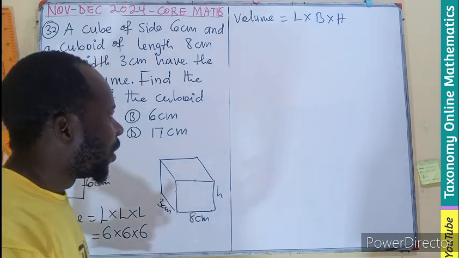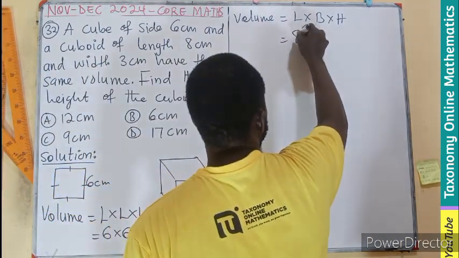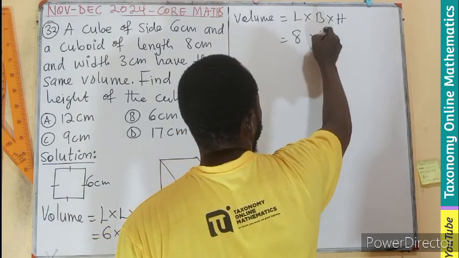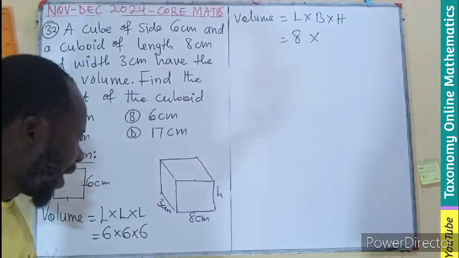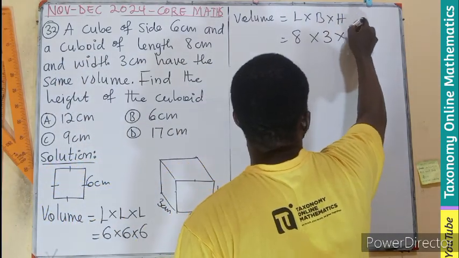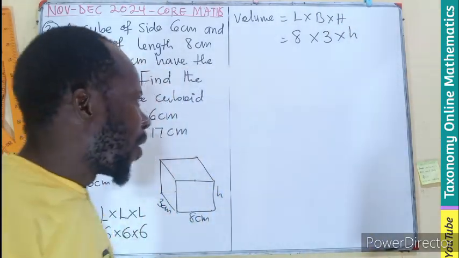So what will I do? It's going to be that I have 8, let's just take it without the unit, we add the unit at the end, times 3 times h. Now, what are we saying?